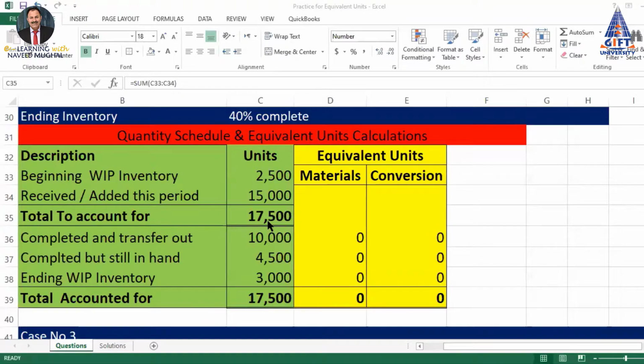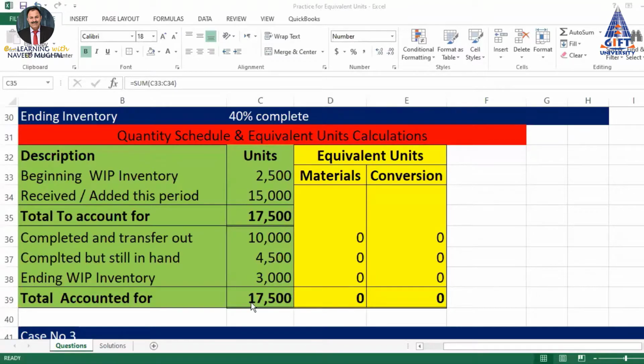Out of 17,500 units, we completed 10,000 units, and I have mentioned these 10,000 units here. We have completed 4,500 units but still in hand, meaning we haven't transferred those units to the next department, but these are completed units. At the end of the process, we have 3,000 units in process, which are partially completed, not completed yet.